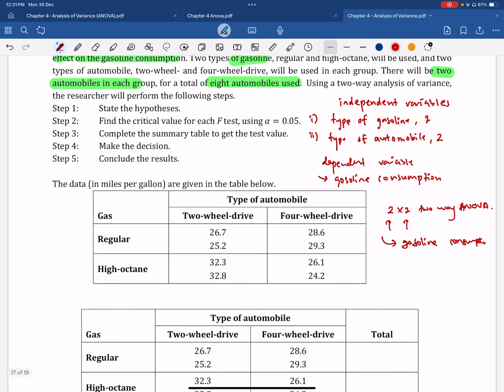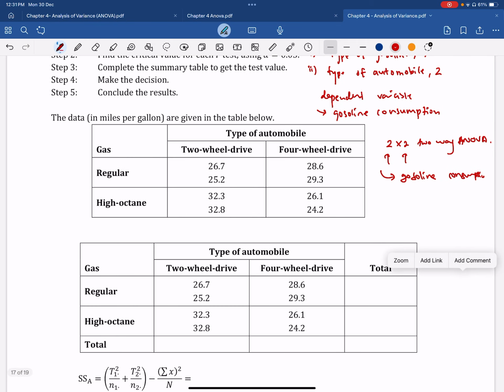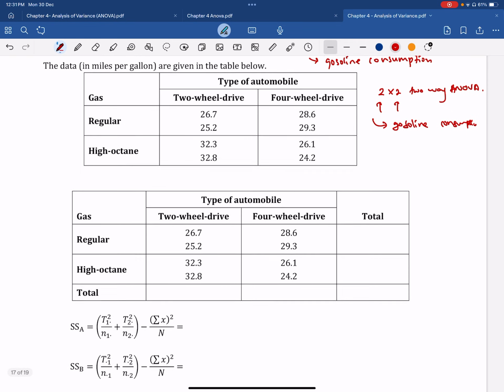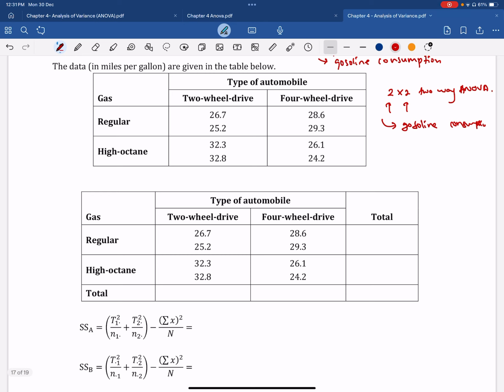To do it, first make sure that you add the total row and column like in these examples. Now I will refer to this as row 1 and this as row 2. And this is column 1 and this is column 2.